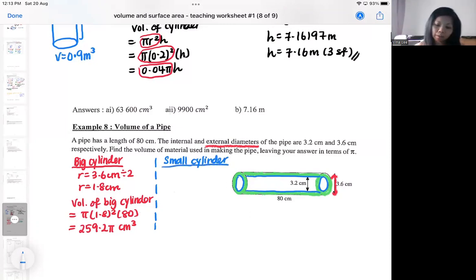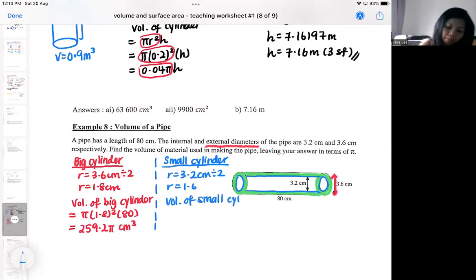The small cylinder is the one inside, so you should take the internal diameter divided by 2. In such a case, the volume of the small cylinder is pi r squared times height.